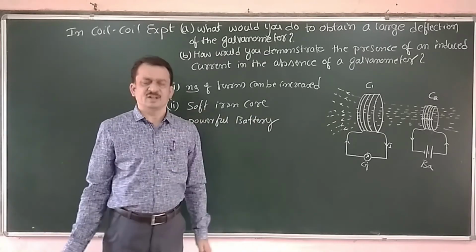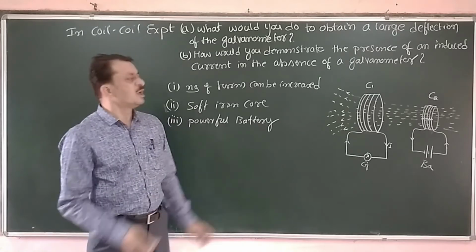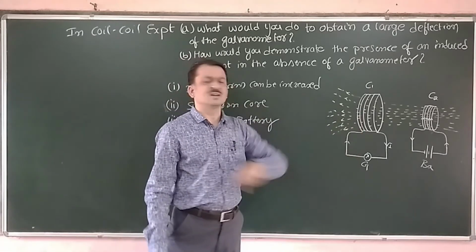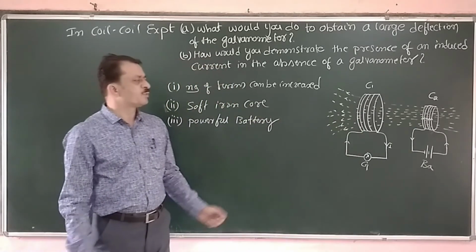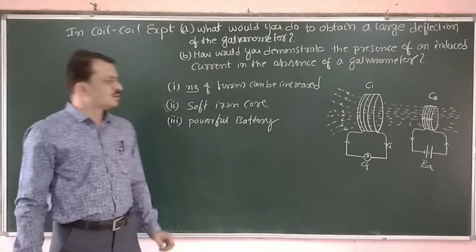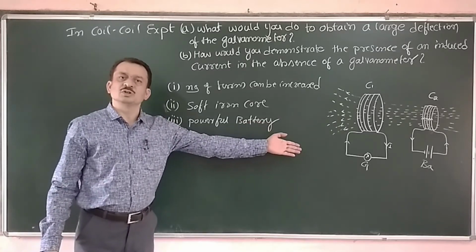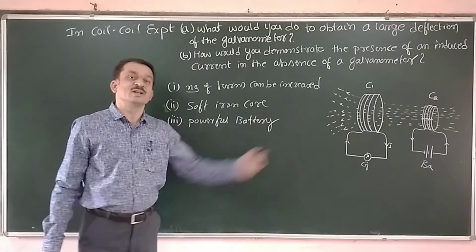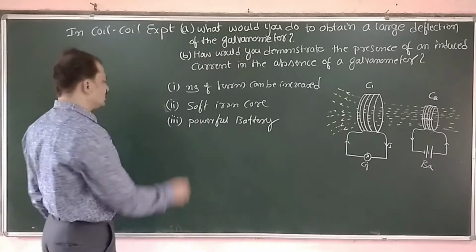Obviously, the magnetic field also increases inside the coil C2. Now those magnetic fields are linked with the coil C1, and hence, whenever we get a relative motion between the two coils, obviously the galvanometer shows a larger deflection. This is the third method.